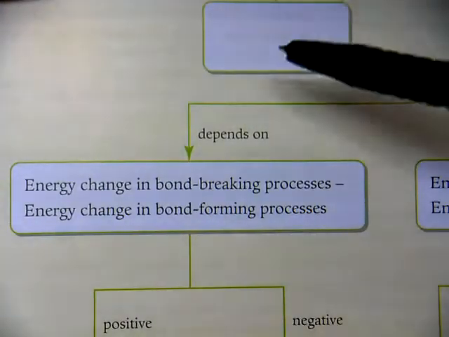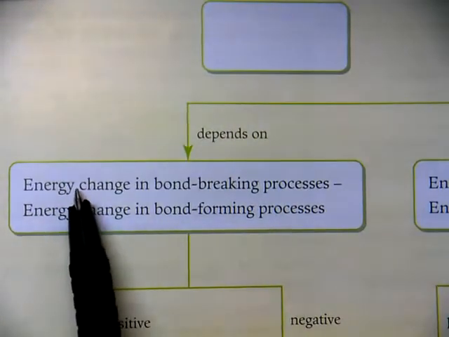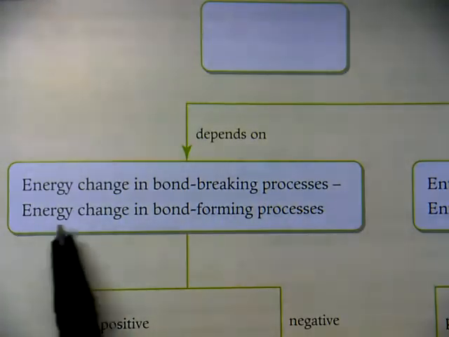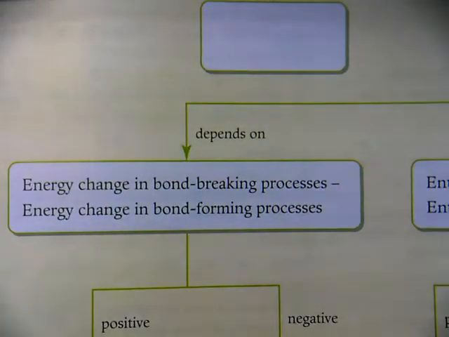Now please bear in mind this equation. Enthalpy change is equal to the energy change in bond breaking minus energy change in bond forming. Breaking minus forming. Bear in mind.